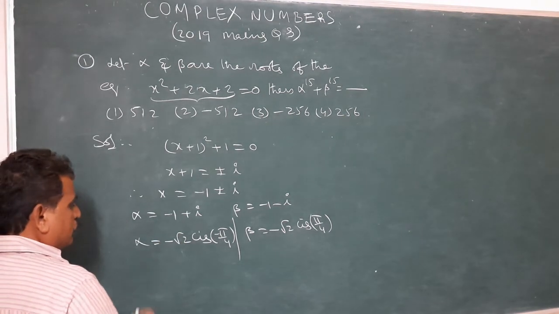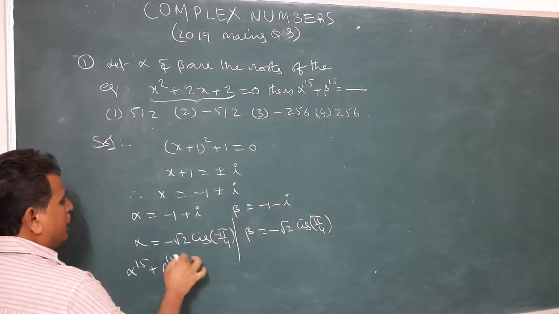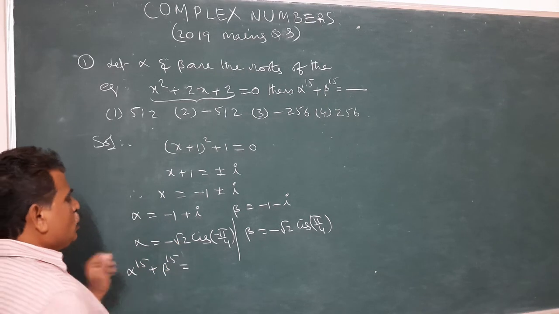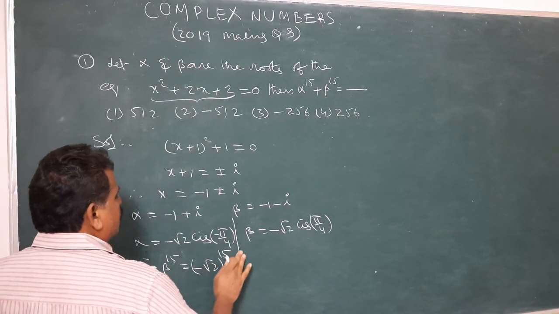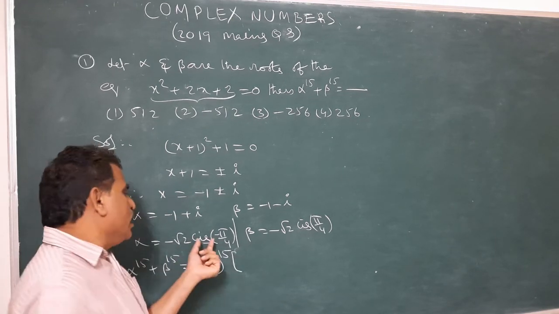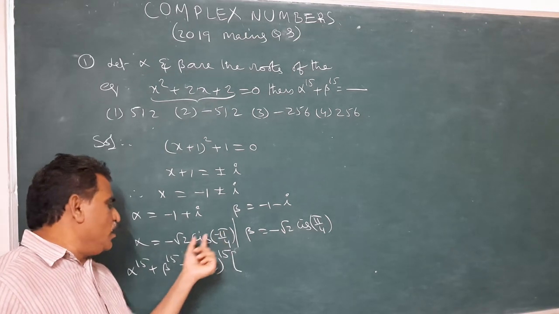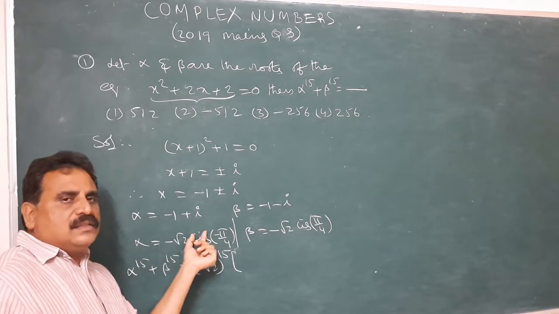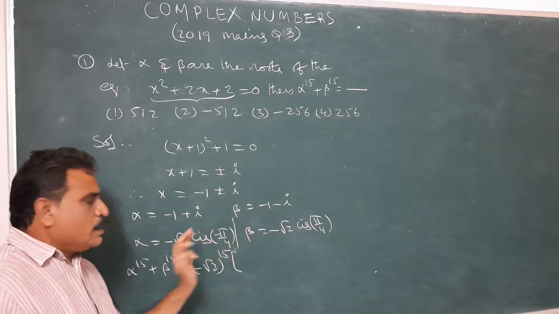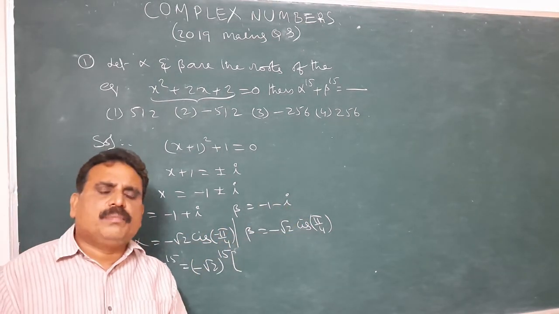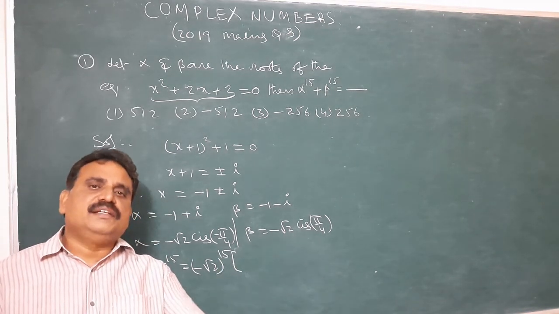Now here alpha power 15 plus beta power 15, that equal to minus root 2 whole power 15 in both the numbers, taking common in this. By De Moivre's theorem, what happens? Cis minus pi by 4 whole power 15 is cis minus 15 pi by 4. Cis theta is cos theta plus i sin theta. Cis minus theta is cos theta minus i sin theta.